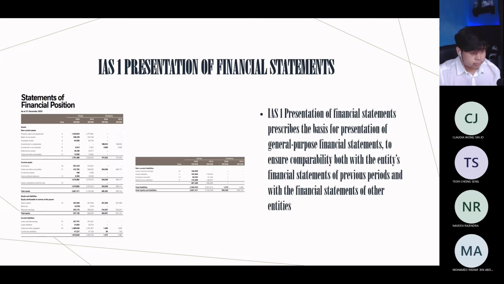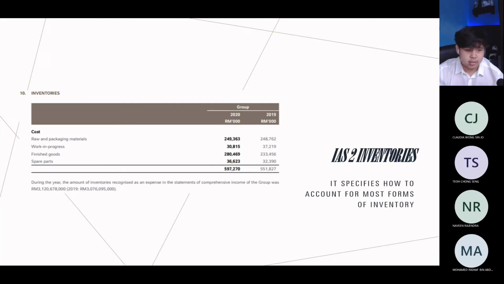So for the next IAS, which is the second one, inventories, the standard specifies how to account for the majority of inventory types. The standard requires inventories to be valued at the lower of cost or net realizable value, which is NRV, and it specifies cost determination methods such as specific identification, first in, first out, which is FIFO, and weighted average cost.